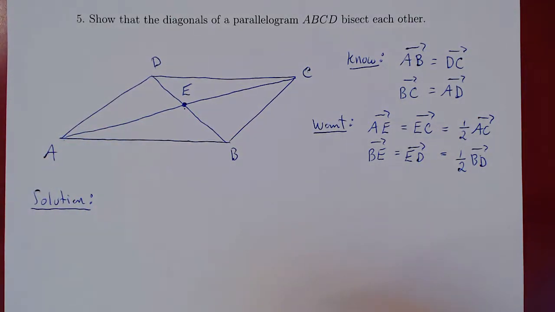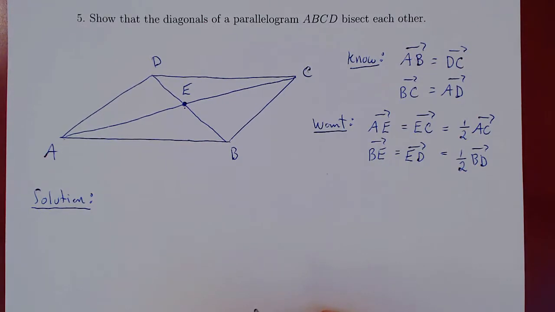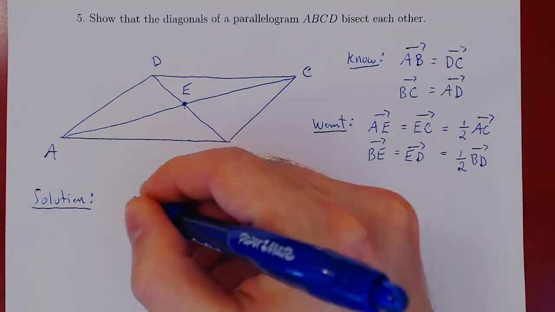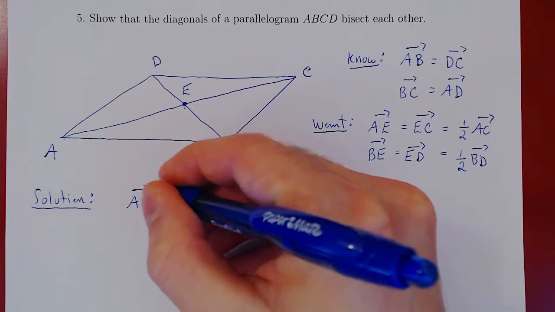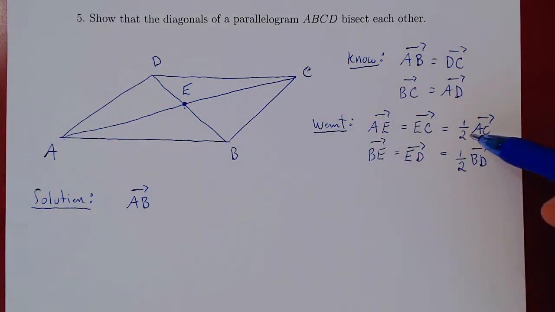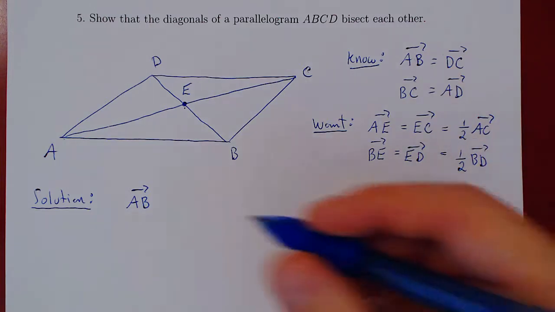As you will see, the solution is remarkably simple, but at the same time, it's a bit subtle. It won't be as direct as the previous solution. So let's start with vector AB. Again, we are trying to involve the vectors on the diagonals of our parallelogram.